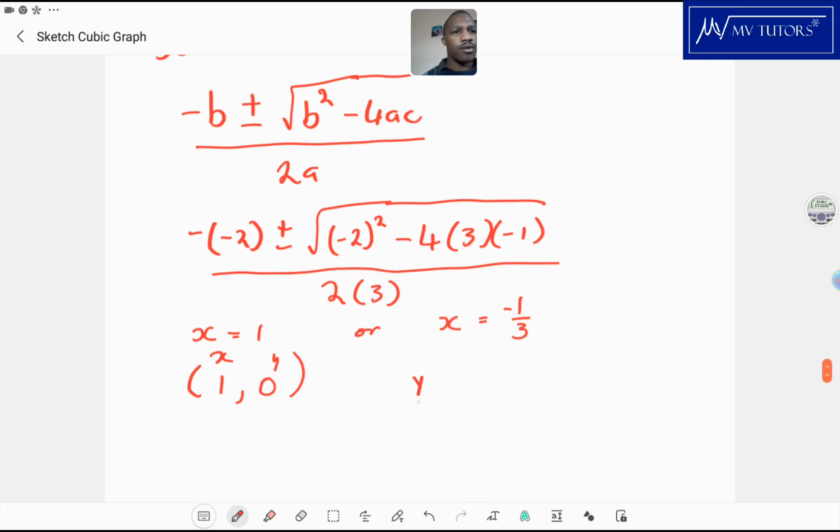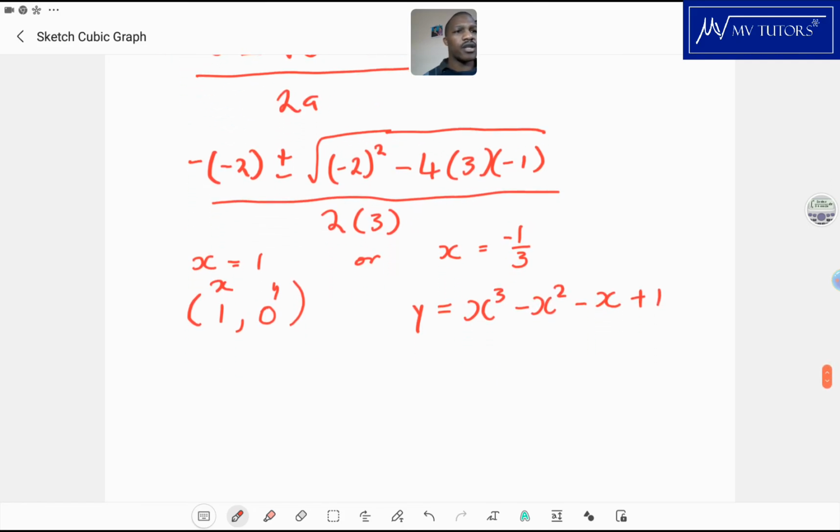Okay, so the original equation is x cubed minus x squared minus x plus 1. Okay, so all that means is that where there's an x, we're going to put minus 1 over 3 cubed minus 1 over 3 squared minus 1 over 3 plus 1.